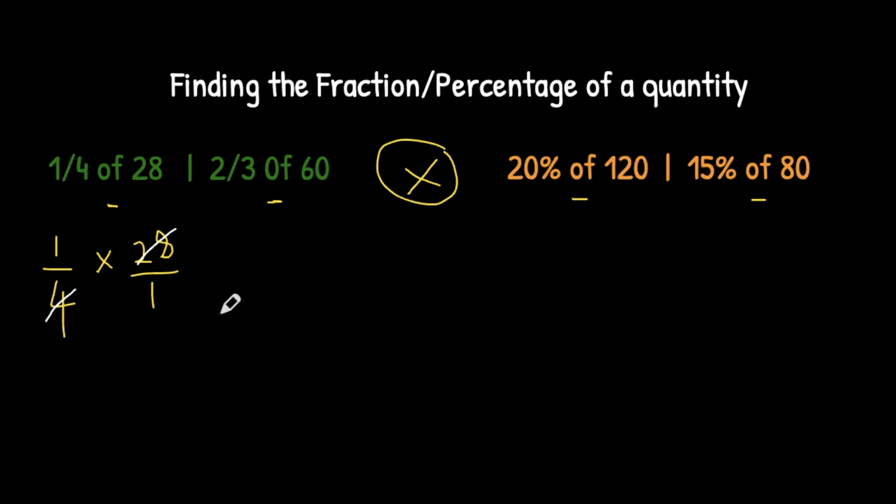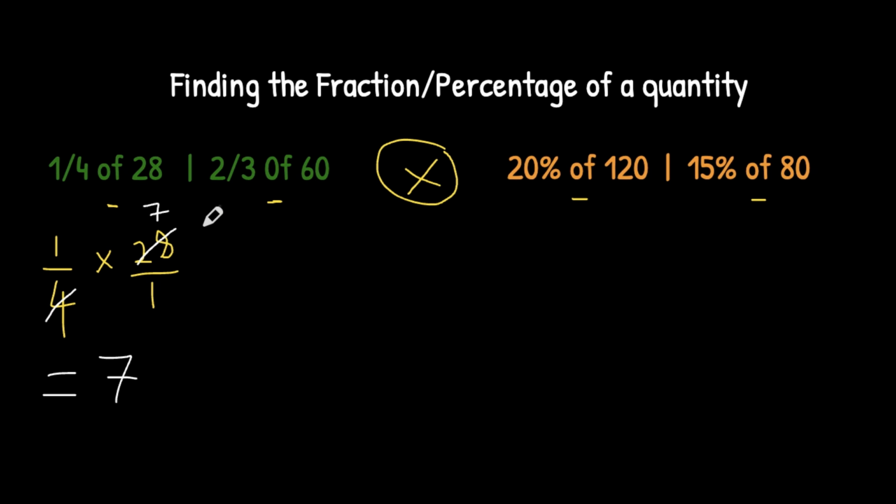If you know your 4 times table, we know that 4 goes into 28 7 times. So now we say 7 times 1 equals what? 7 times 1 equals 7. So that is our answer. A quarter of 28 is 7. Notice the method we used: we first divided diagonally, then horizontally we multiplied.